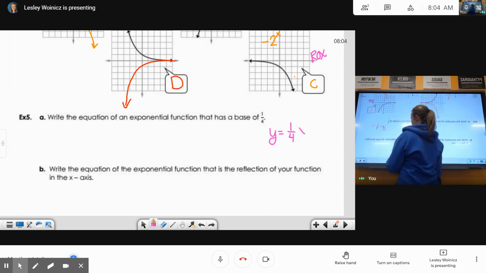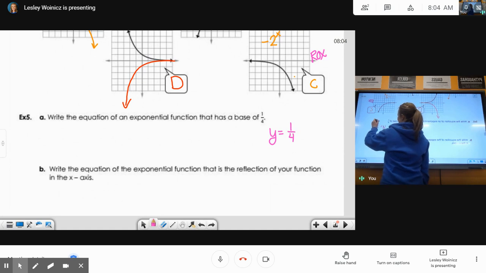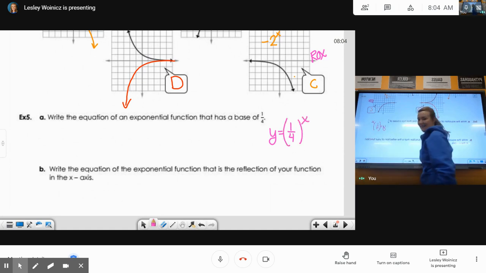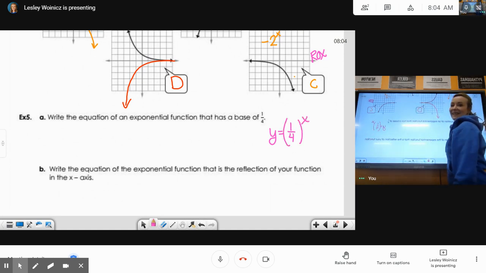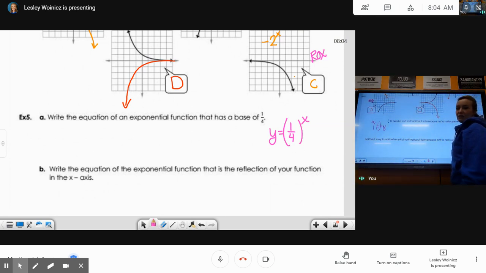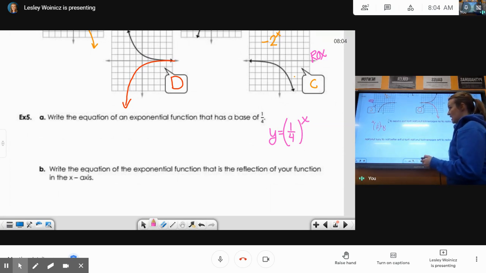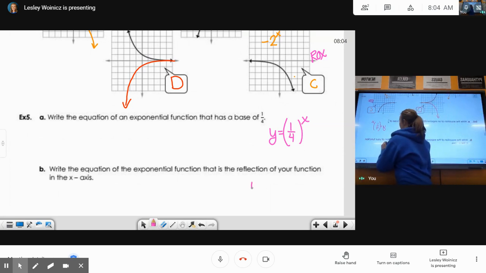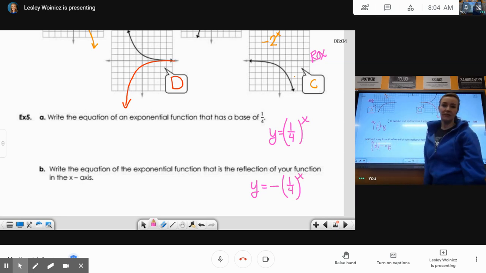Oh, that was not right. That was a line to the x like that. Sorry. Okay, and then if I want to write the equation for the function that is the reflection in the x-axis, I just have to make my a value negative. So it would be like y equals negative 1/4 to the x. That's it. That's all we have to do.